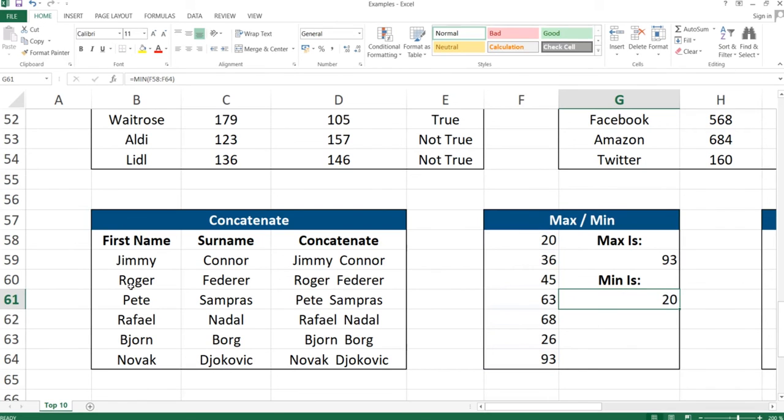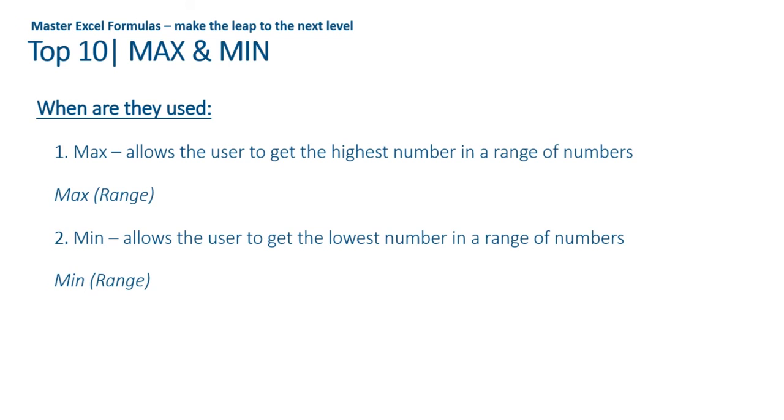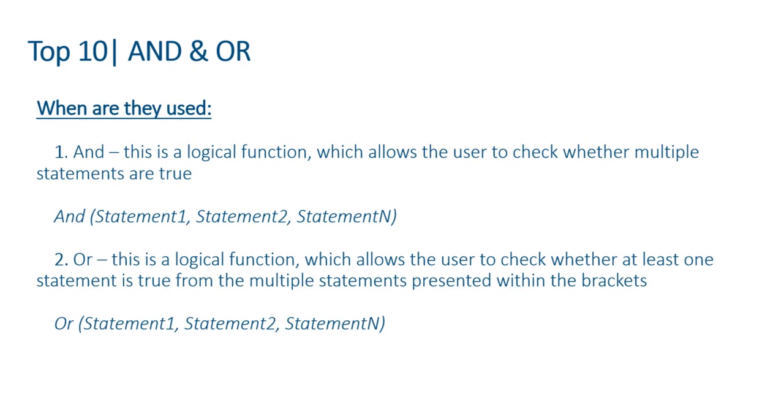20. Okay, now the next slide has AND and OR. These are two logical functions which are very often used, especially in combination with the IF statement formula that we discussed earlier in this course. AND is a logical function which allows us to check whether multiple statements are true.